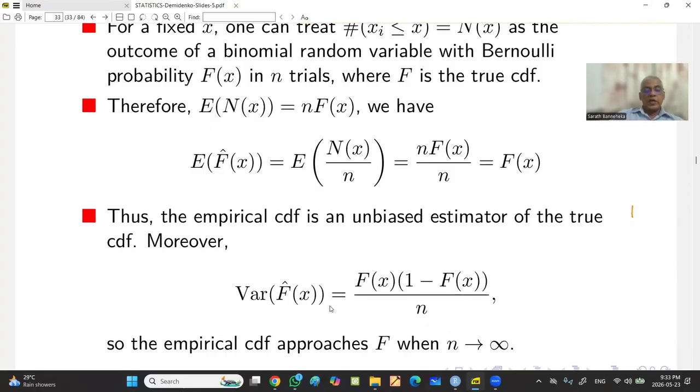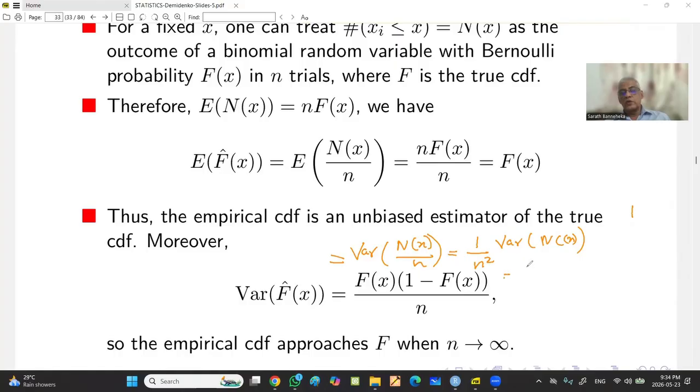So here, the variance of F hat x is equal to the variance of N(x) divided by n, which will be equal to 1 over n squared times the variance of N(x).